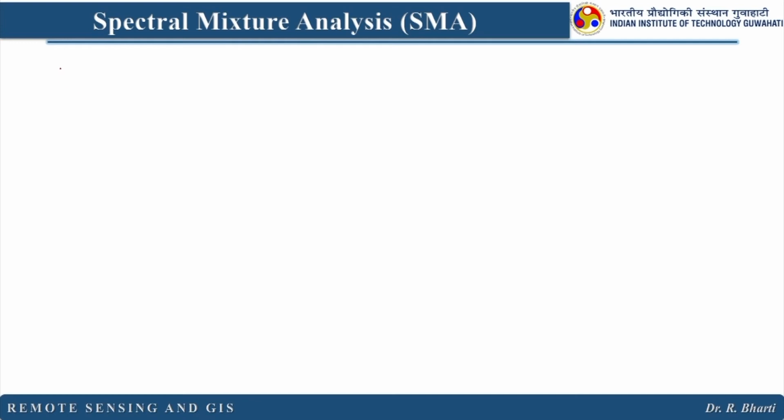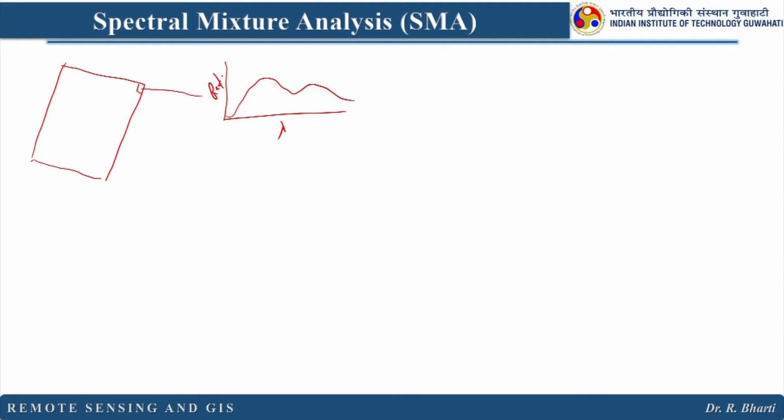Let us say you have a hyperspectral image, and this pixel you want to extract. This is the lambda and this is reflectance. Now what exactly are we trying here?